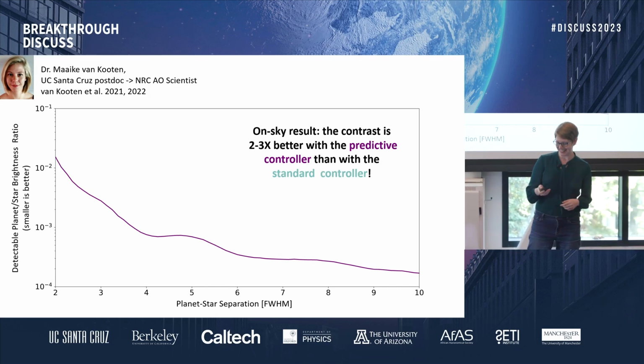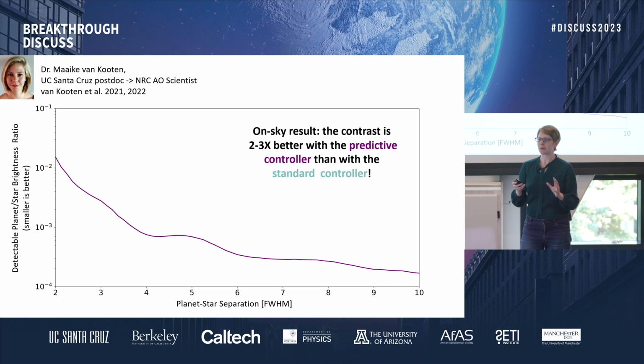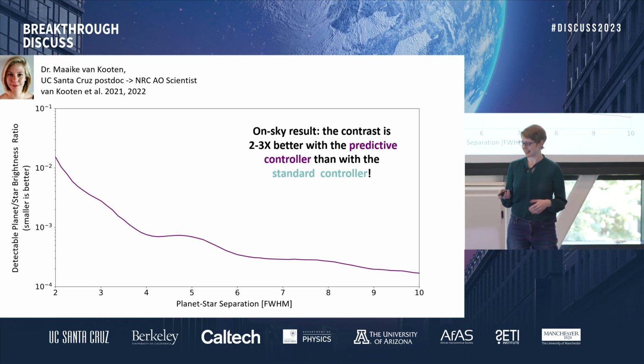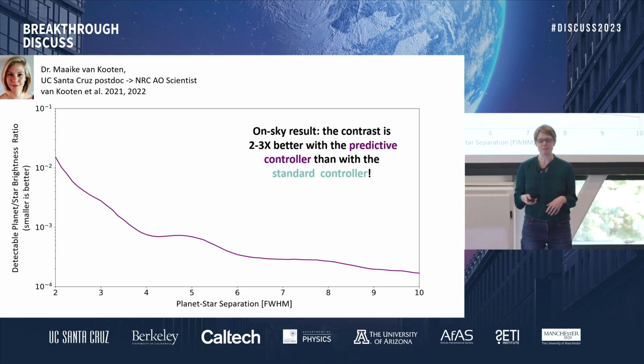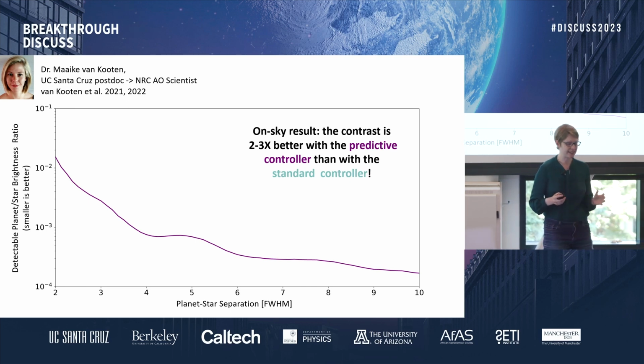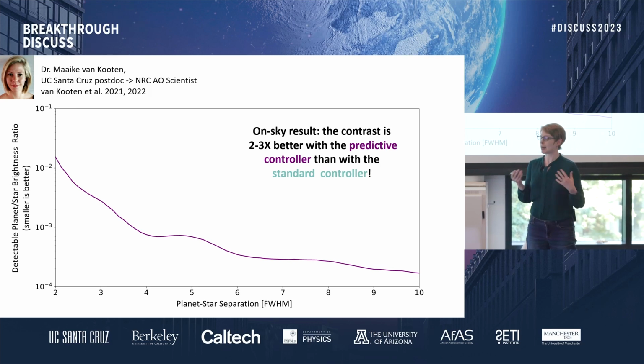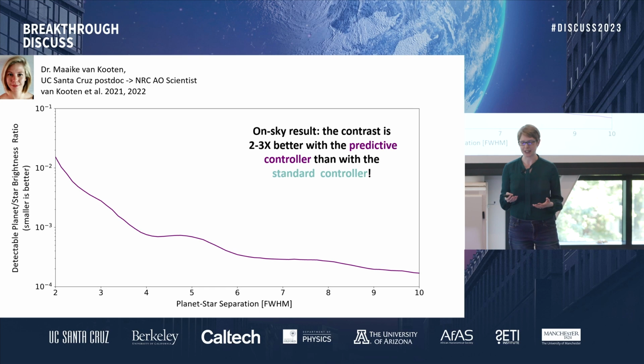I'm not sure why. Okay, so after we understood that we wanted to implement this new method of predictive wavefront control, my philosophy was I want to get this on sky as soon as possible because even though the simulations were very exciting, simulations were showing that if you do this predictive wavefront control, perhaps you would achieve orders of magnitude contrast improvement.